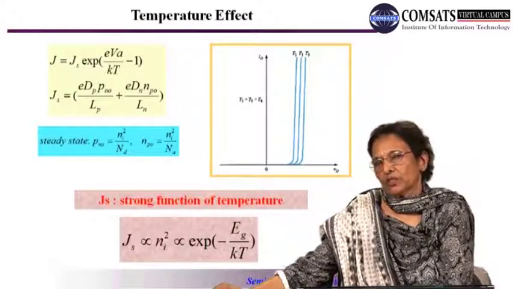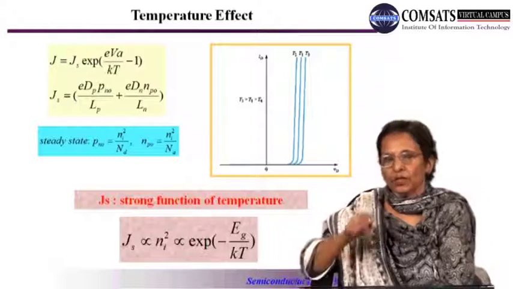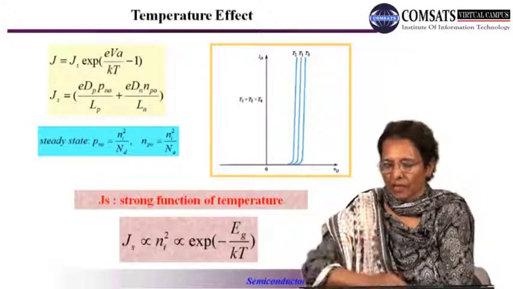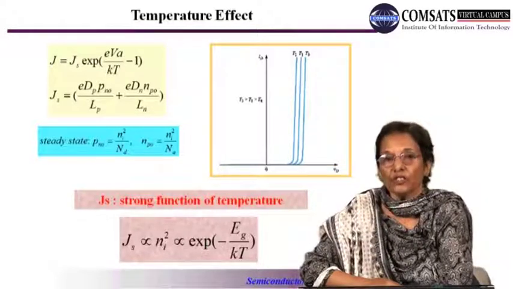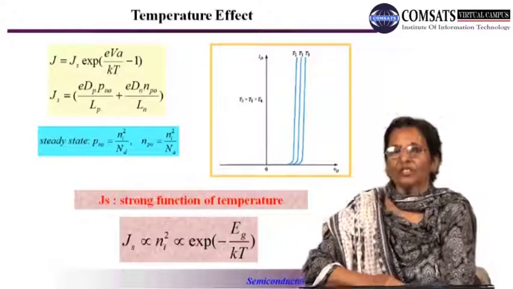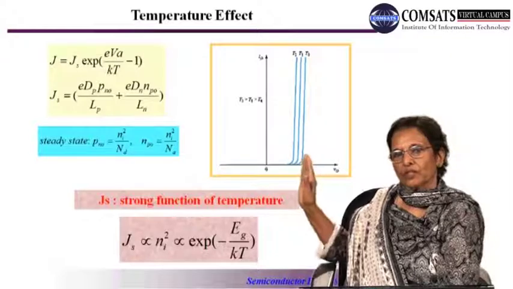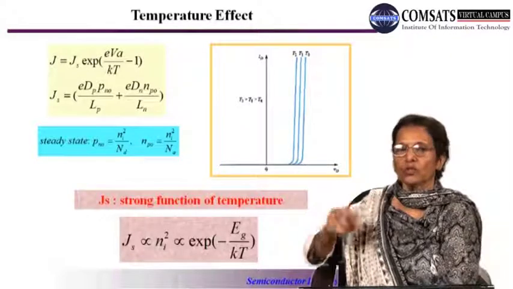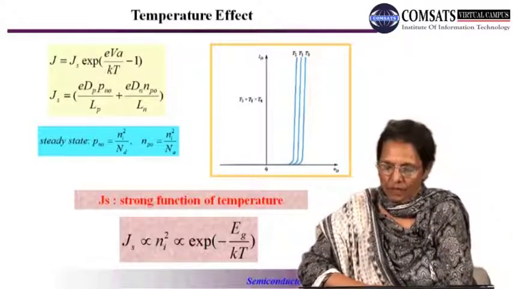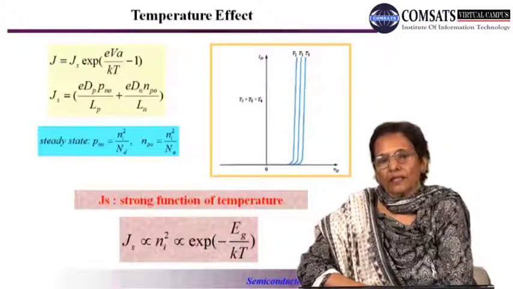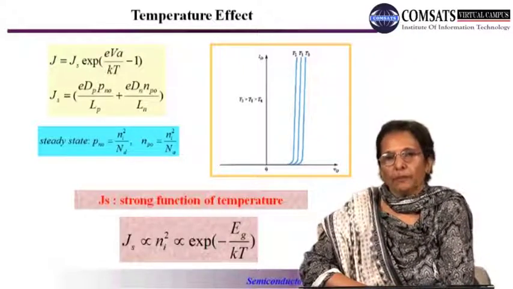And in the white box on the right hand side, you see the variation in current density at various temperatures. As the temperature increases, your curves shift towards lower values of the applied bias.